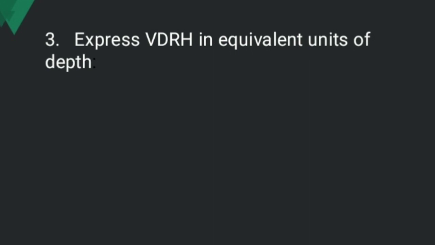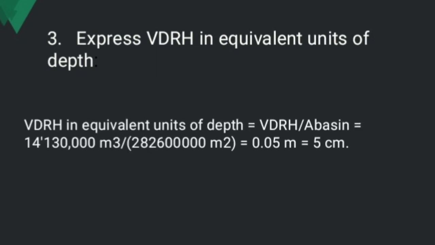Number 3. Express the VDRH in equivalent units of depth. VDRH in equivalent unit of depth equals VDRH over the basin area, equals 14,130,000 meter cube over 282,600,000 meter squared, equals 0.05 m, equals 5 cm.